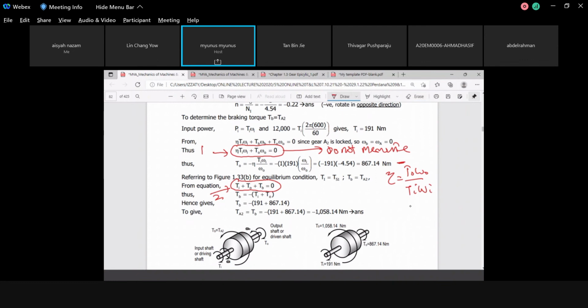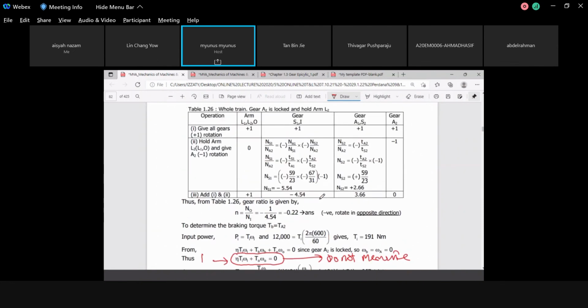Okay, now take a look here. First, you need to define whether omega I equals omega O or not. How do you check? You check on the figure, on the table. Table 2 or table 1, it's only one table. You have this one: O positive, I negative. What does it mean?